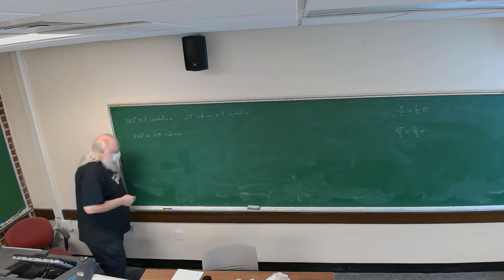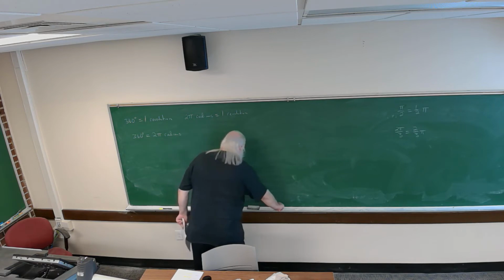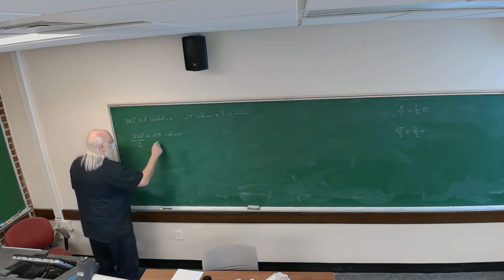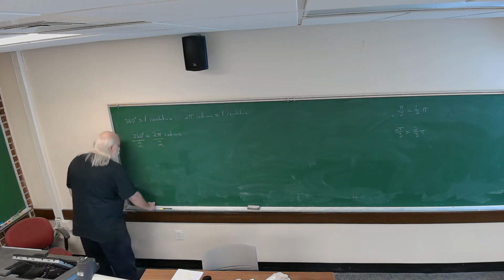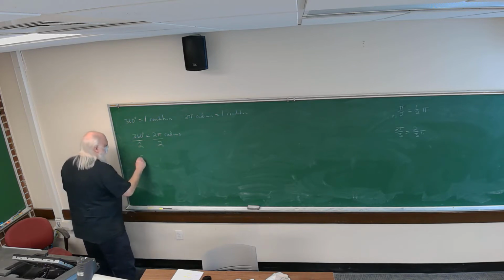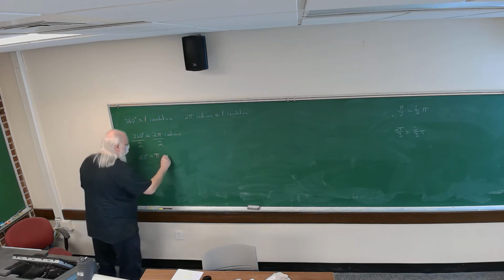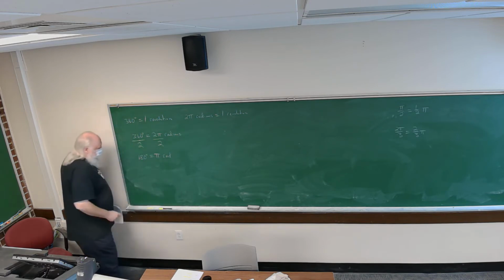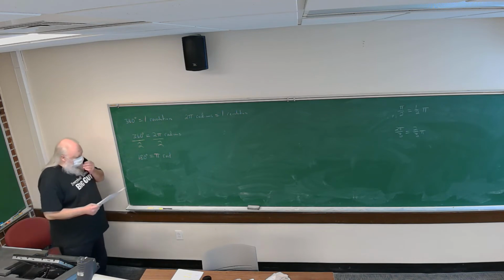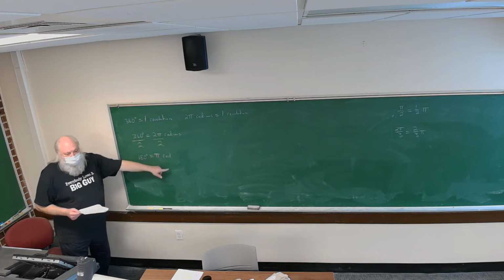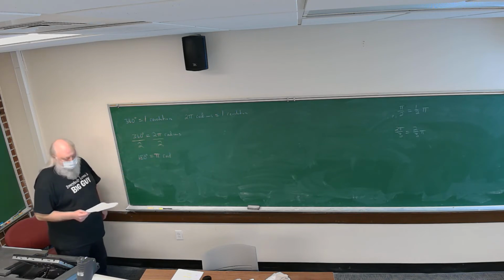If I divide both sides of that equation by 2, we have 180 degrees on the left is equal to pi radians on the right. Okay. And it's standard convention to, instead of writing out radians, just write rad, R-A-D.